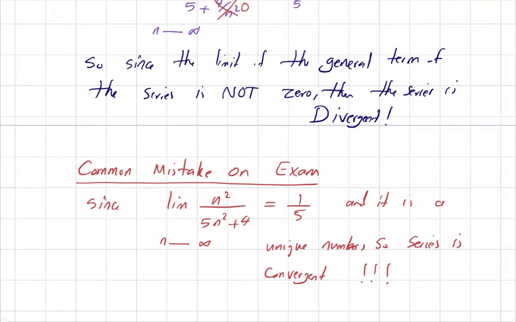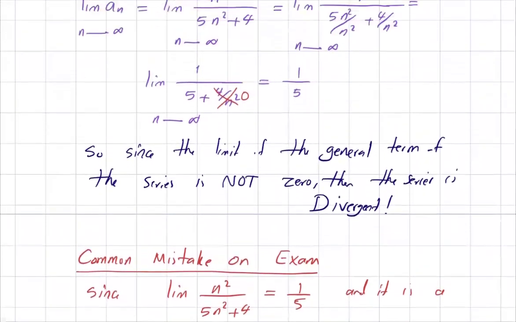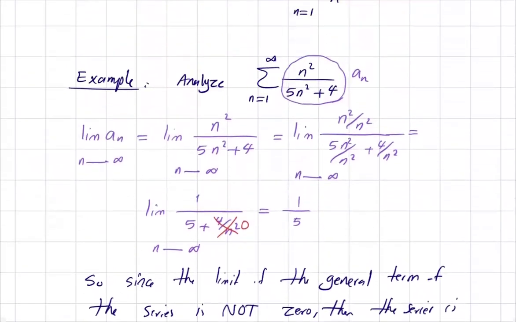This is absolutely wrong, everybody. We are not analyzing a sequence. We have a new mathematical object. This new mathematical object is the summation of these terms. So when you see the summation of these terms, you are adding these terms together.